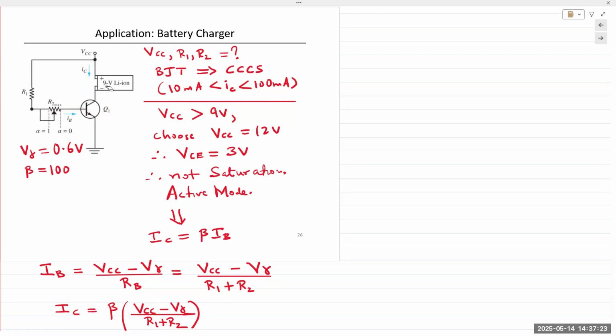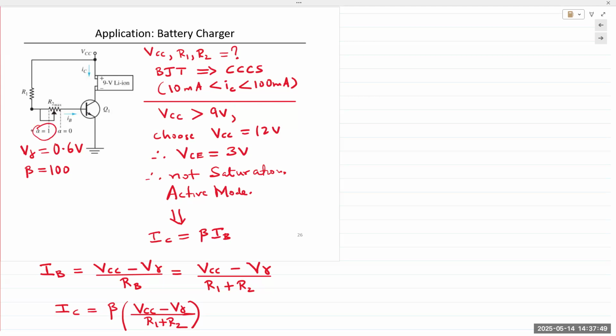All right, so simple biasing circuit. We have one base resistor, but in this case, the base resistor is broken up into two parts. One is fixed, R1, the other one is R2. And R2 is a variable resistor. The value of R2 varies between R2 minimum and R2 maximum, given by the multiplier alpha.